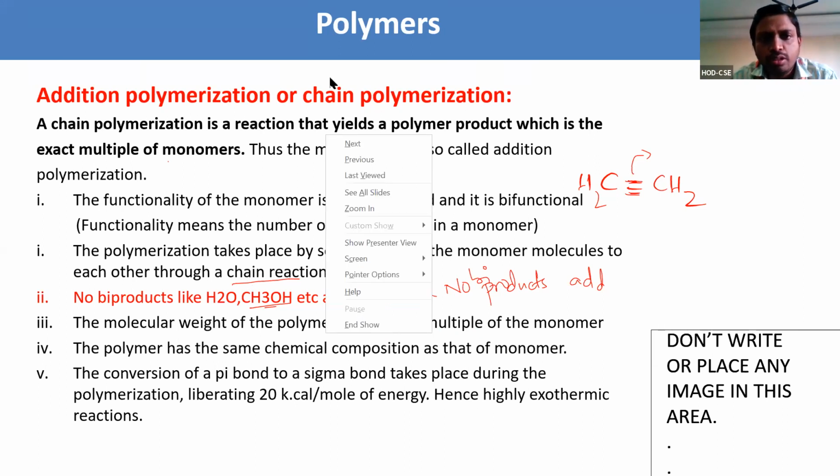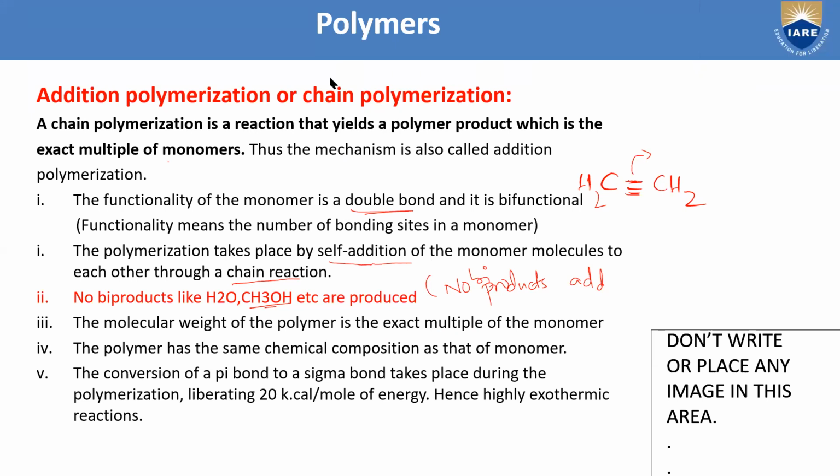No byproducts like H2O, methyl alcohol, etc. are produced in addition polymerization, and the molecular weight of the polymer is an exact multiple of the molecular weight of the monomer.